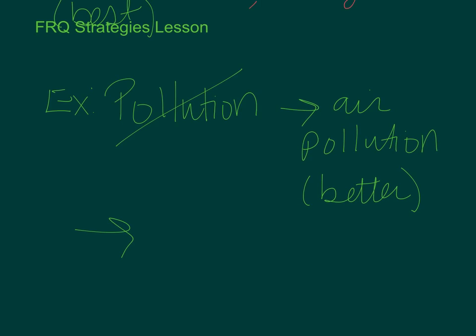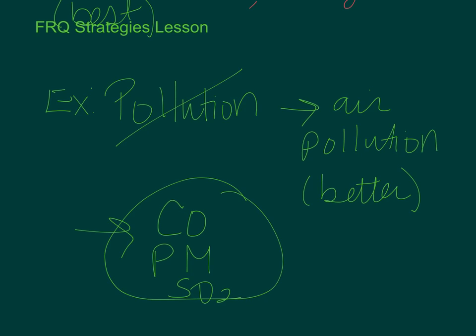But what is best is to throw in one of the air pollutants. Always throw in some sort of air pollutant. If you can't remember an air pollutant, your go-to is particulate matter.